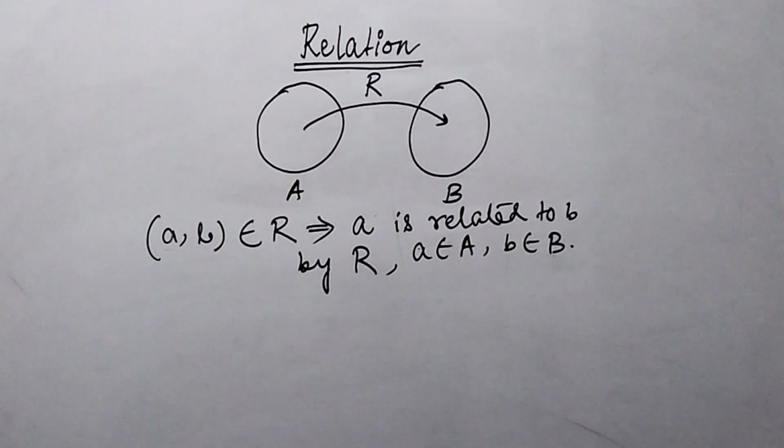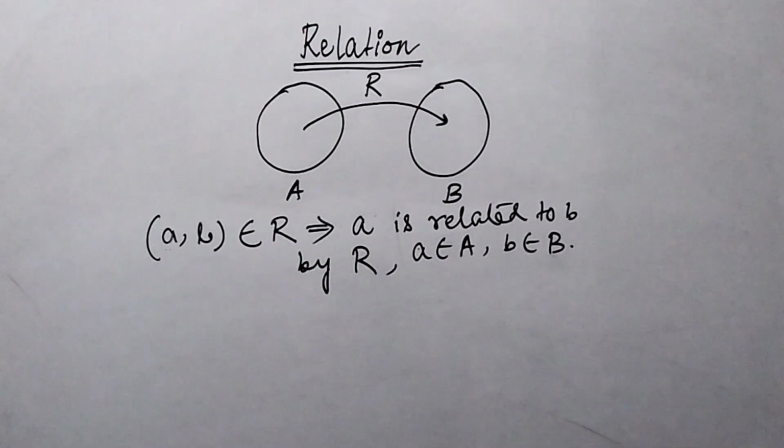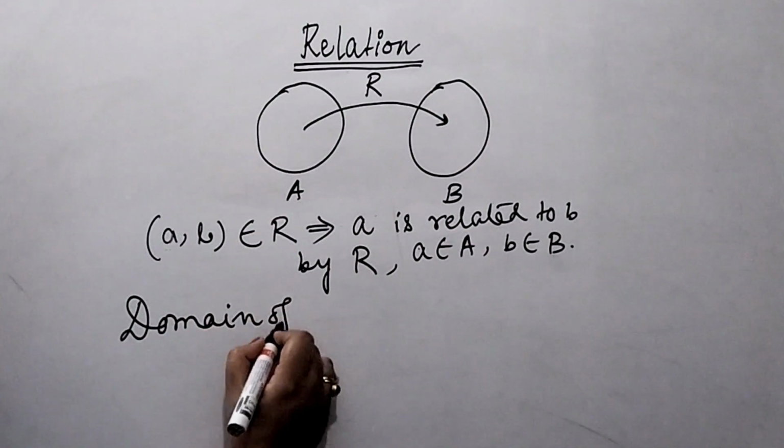Now, if we consider only the first elements of the ordered pairs which are in R, because R obviously will contain in general one or more elements, and all those elements are in the form of ordered pairs. Now, if we consider only the first elements of those ordered pairs which are in R and make a set, then what will happen? Here we will get another concept, that is domain of R. That is, in that case, the domain of R will be constructed.